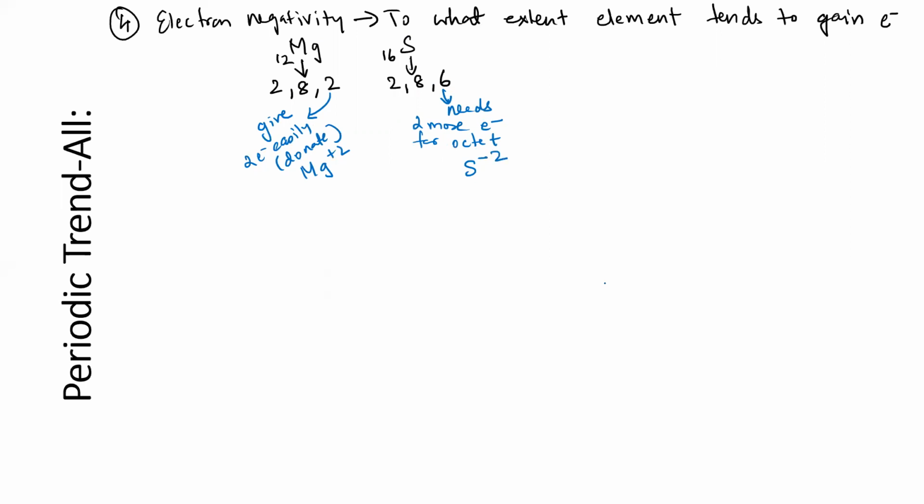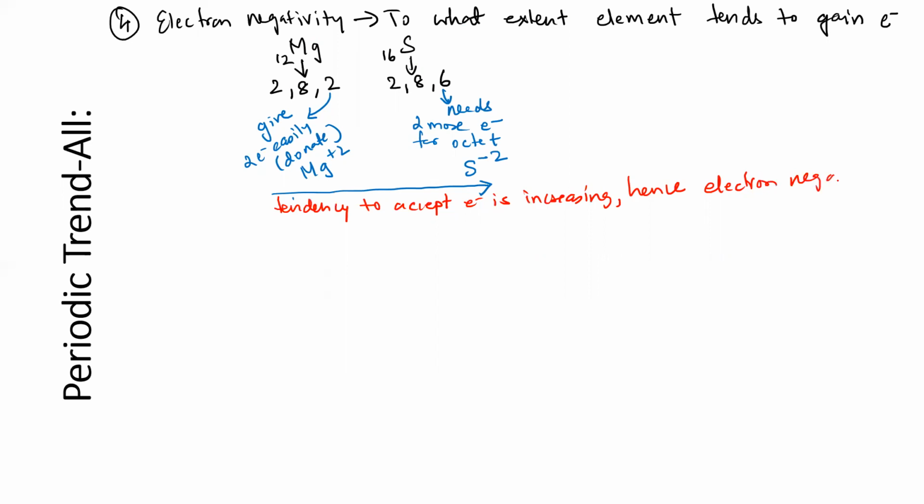Okay, like that. So if you look from here to here, the tendency of accepting electron is increasing. Hence, electronegativity is also increasing.